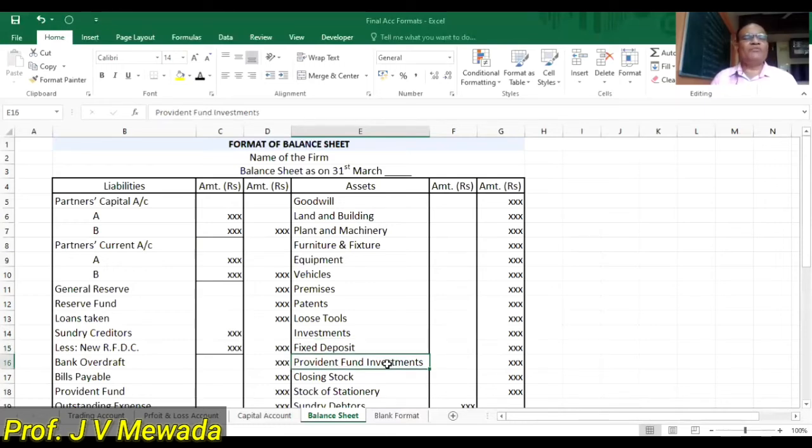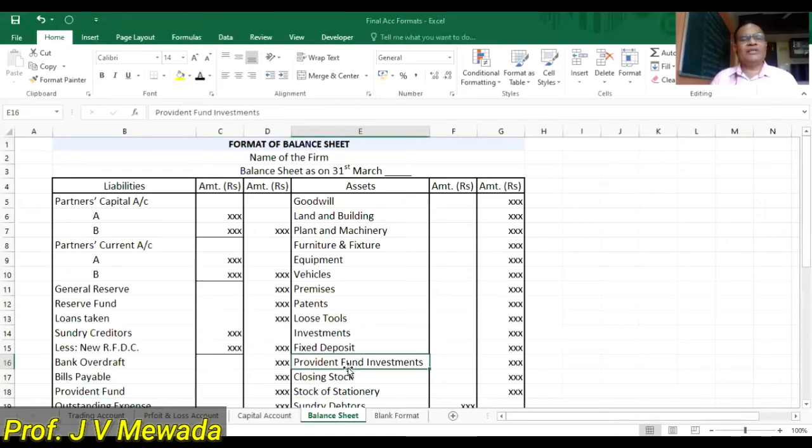Then we have the provident fund investment. Now we saw one item on the liability side, provident fund. Provident fund is a liability towards the employees. Whenever the employee retires, we are supposed to make payment in lump sum to the employee. But from where will we get the money? So, so that we may not face a financial crisis for payment of provident fund, what are we doing?